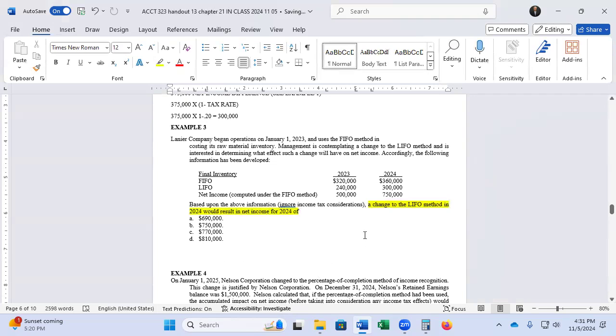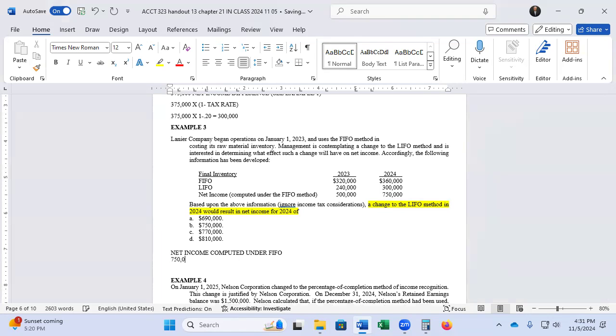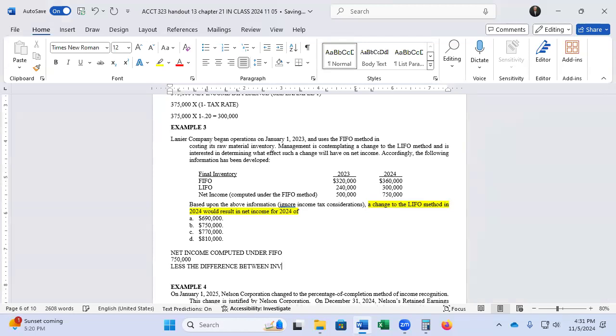So we have net income computed under the FIFO method, and that's 750,000. And this would be less the difference between inventory values.